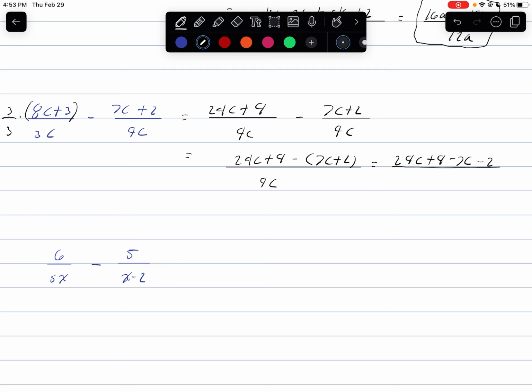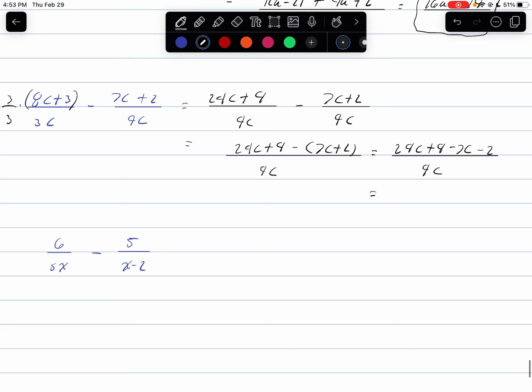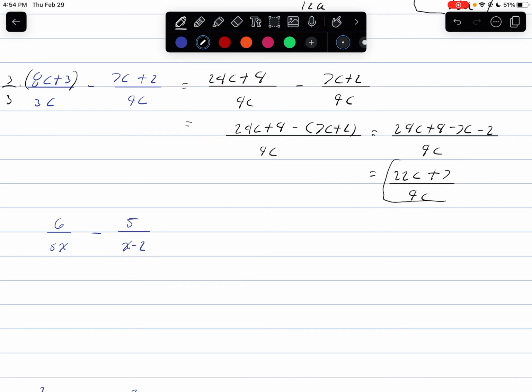This is all going to be over 9c. Almost there. 24c minus 7c gives us 17c, and then 9 minus 2 gives us 7. So we have plus 7 over 9c. And that's as far as we're going to be able to simplify this one.